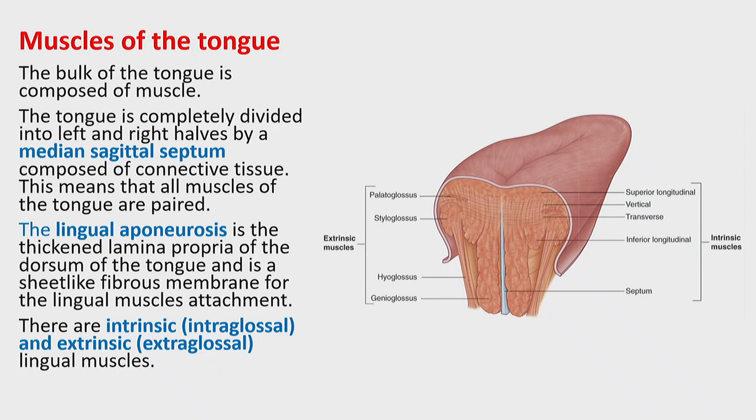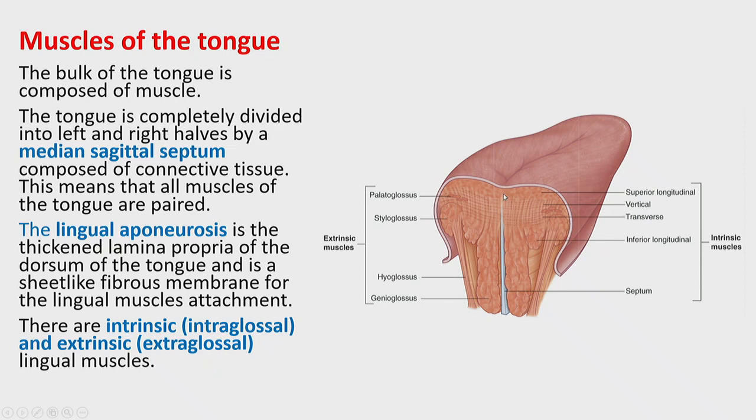As I mentioned in the beginning, in the tongue, in addition to this mucosa, papillae, folds and those muscles, we have two dense connective tissues. One is exactly on the dorsum of the tongue, this whitish layer, called the lingual aponeurosis.